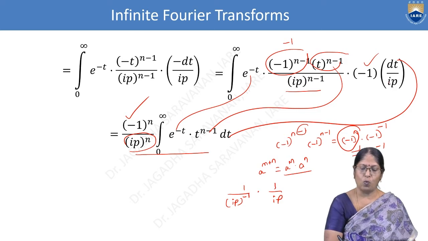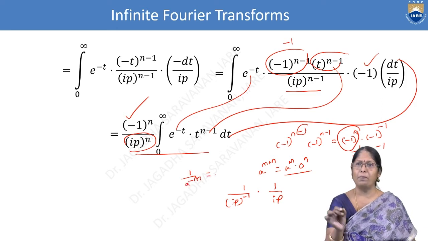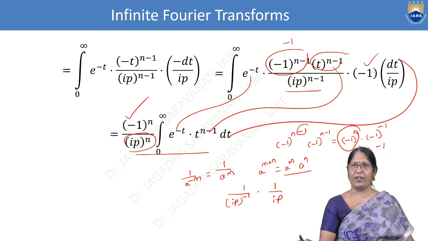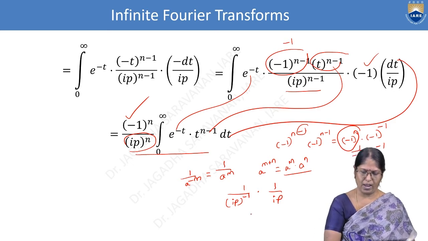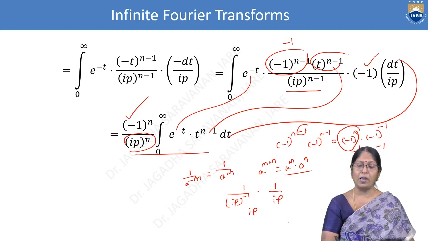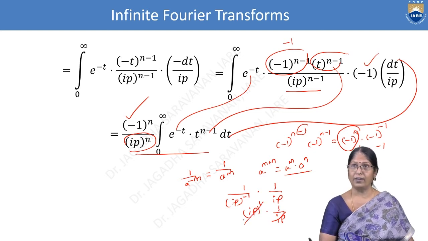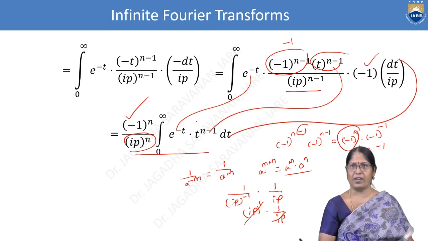From here, 1 by ip. We can write 1 by a power minus m as 1 by a power m. All the laws we studied in lower classes. That is the same. This can be written ip power 1 into 1 by ip getting cancelled. That's why it does not occur in the next step.